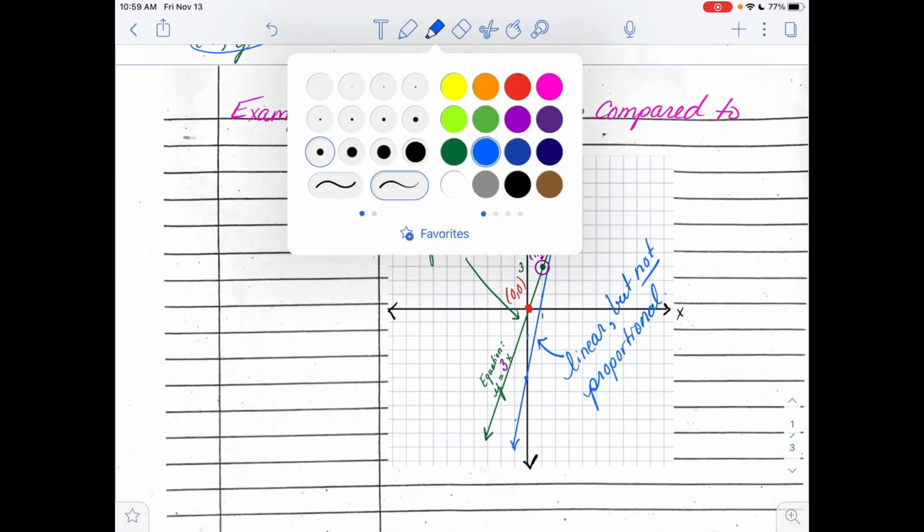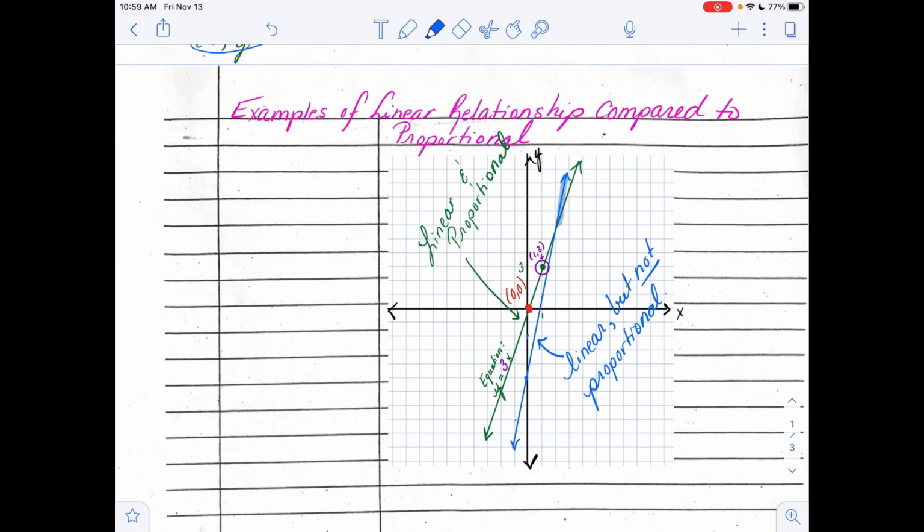You can see right here, this blue line is linear. It's nice and straight. That's exactly what a linear line would look like. But it is not proportional because it does not go through the 0,0 point. The green line is also a straight line, but you can see it does go through that 0,0 point, which means it is proportional.